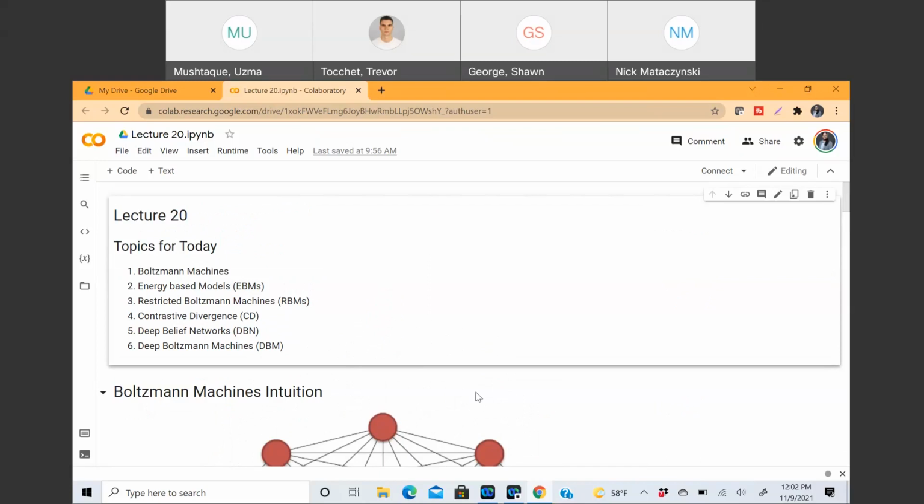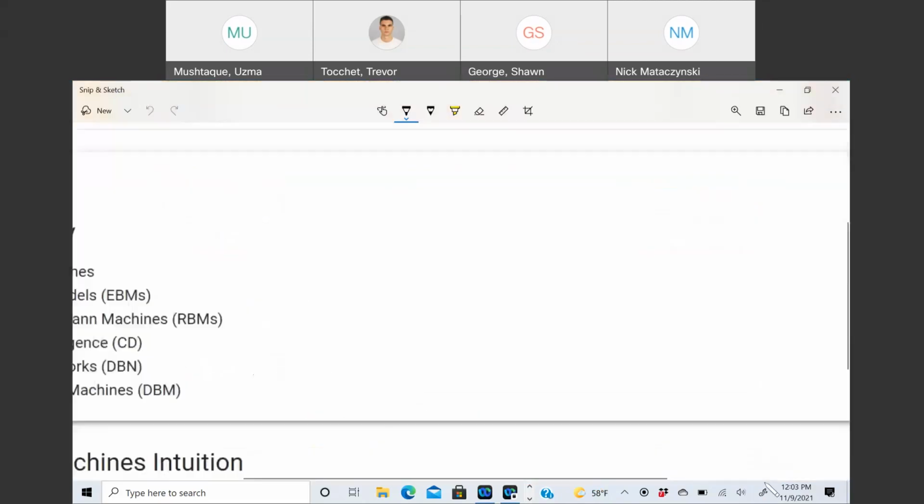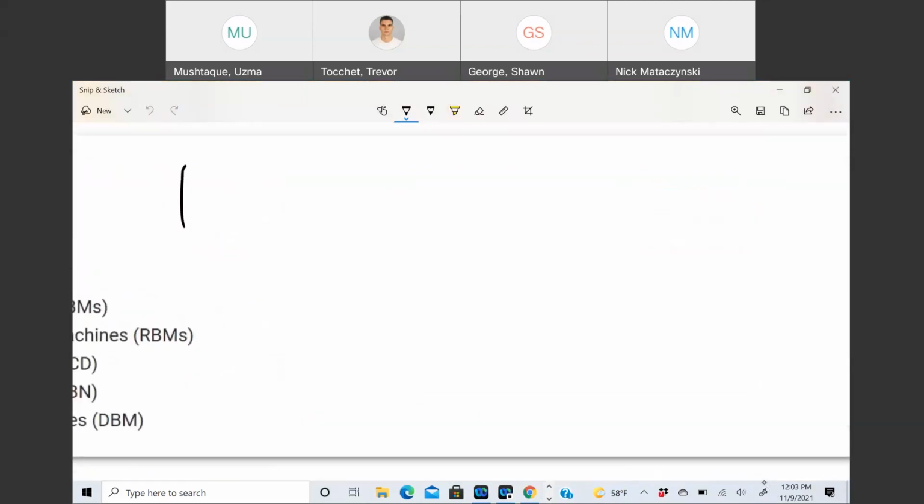Let me quickly remind you of the feed-forward network. You essentially have an input unit, a hidden unit, and some output. There is some input coming in and going in here, and then eventually you have some output coming out.